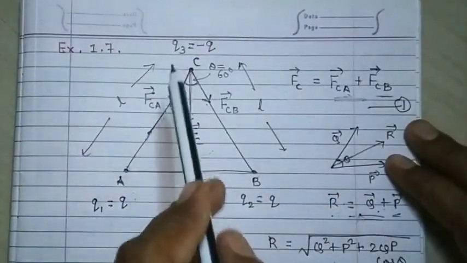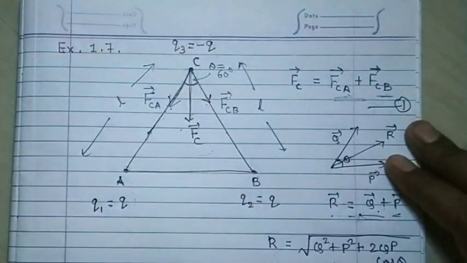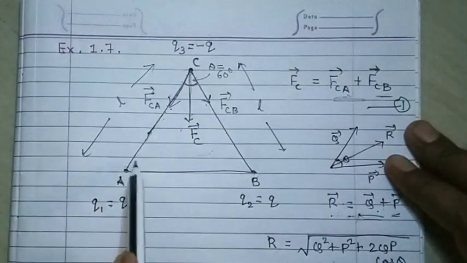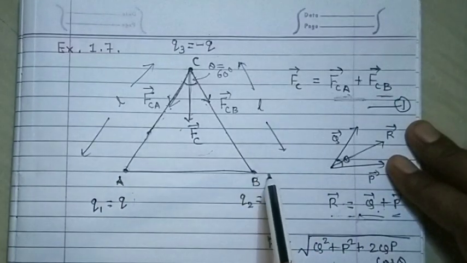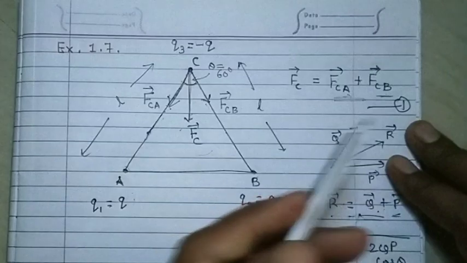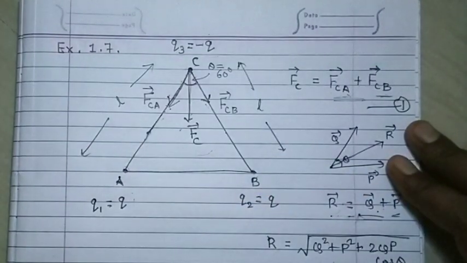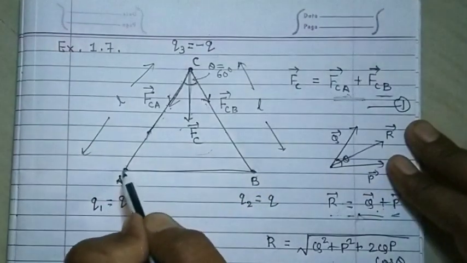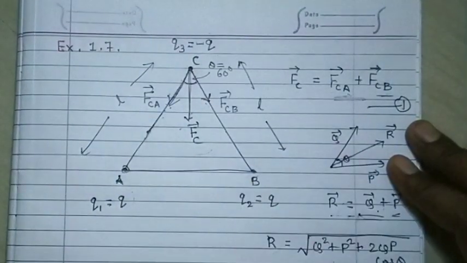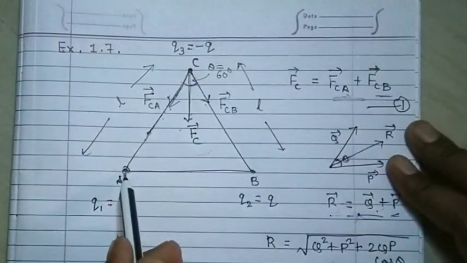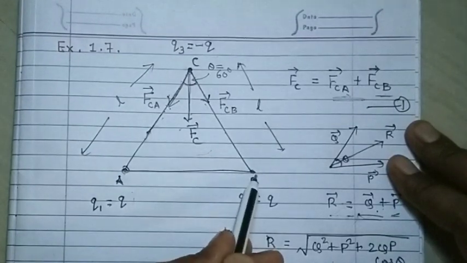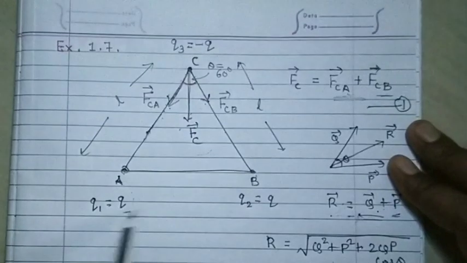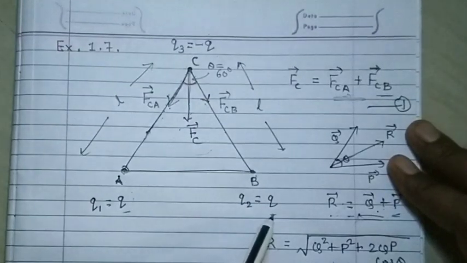Now here we have obtained the resultant force on C. Similarly, we can find the resultant force on A also and the resultant force on B also. I will give you some hint and then you have to solve yourself. Now let us find the resultant force on A. Now on this charged particle A, the force is acted by the charge at point B. As these two are like charges, the force will be repulsive.